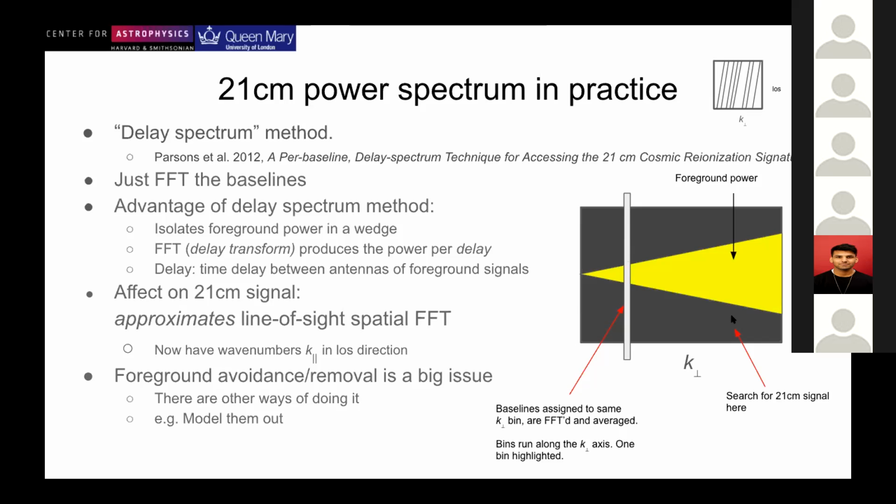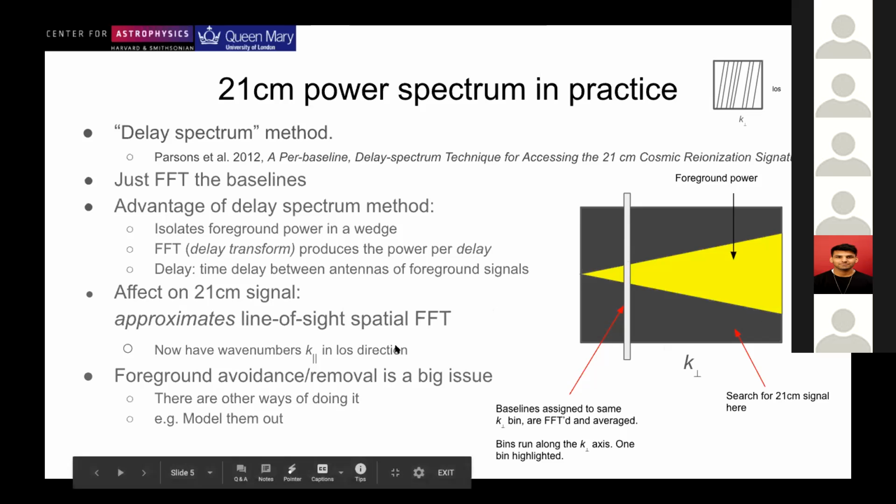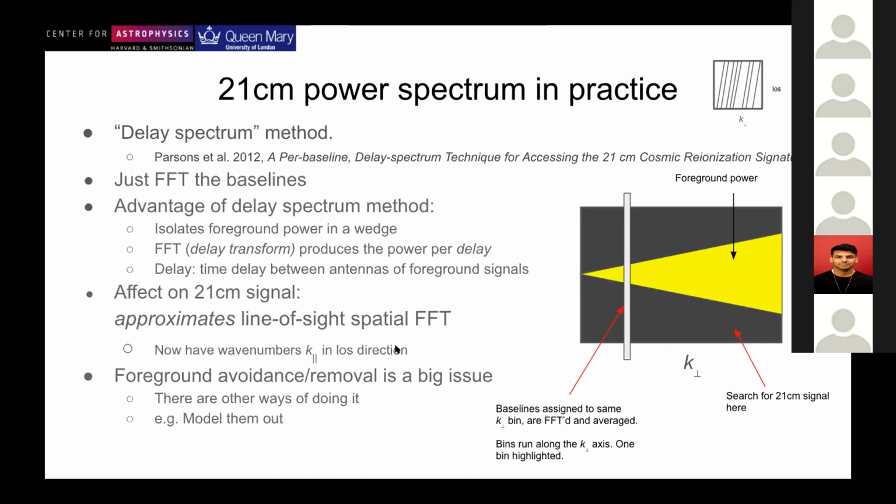Baselines are stacked from left to right, bins go from left to right, and the baseline length increases as you go left to right, the delay increases, so you get this expanding wedge. There's obviously other ways of doing foreground avoidance and removal, some of which we've just heard about.